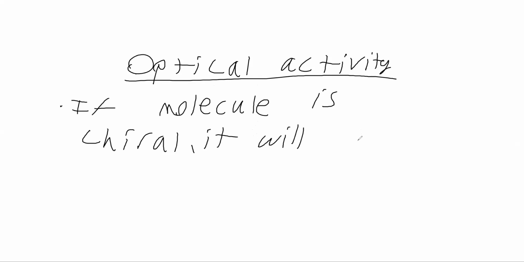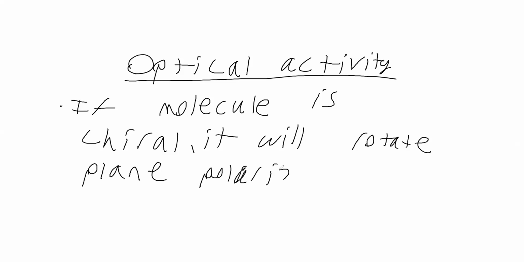That's something you need a special machine to identify, but you just have to know that if it's chiral, it will rotate plane polarized light. I could see that coming up in a true-false question. It's just a conceptual, do you know what optical activity is kind of question.